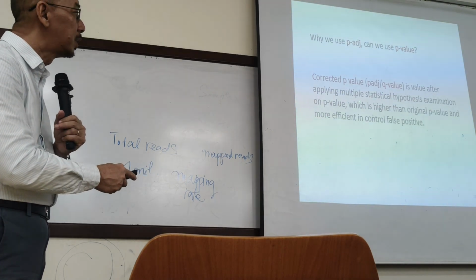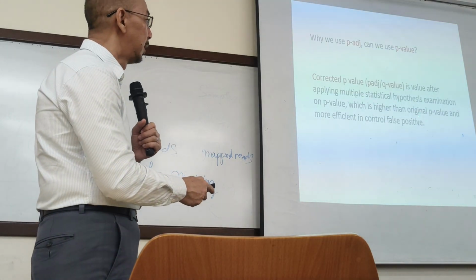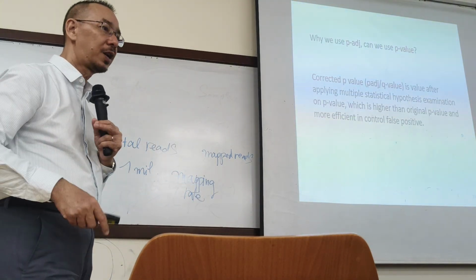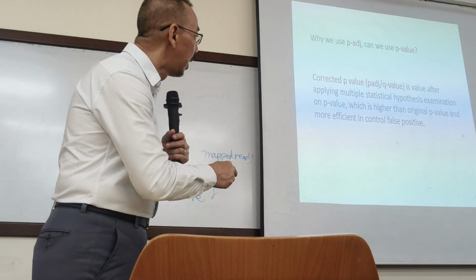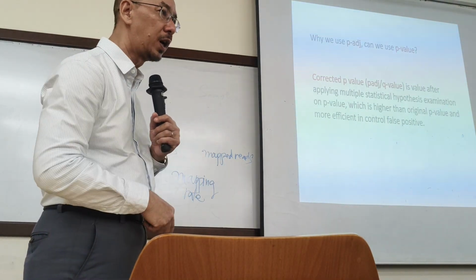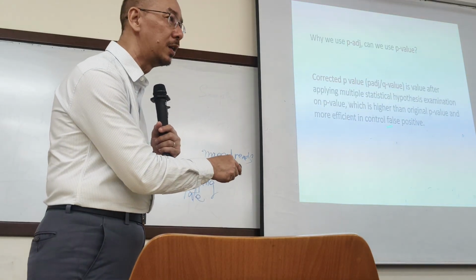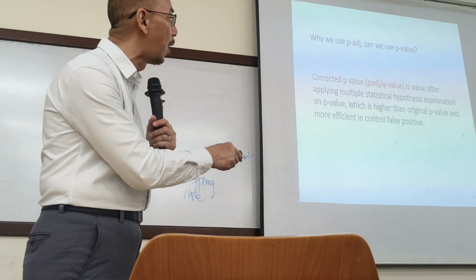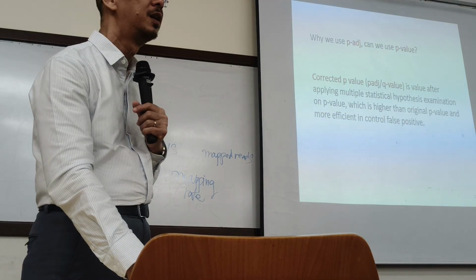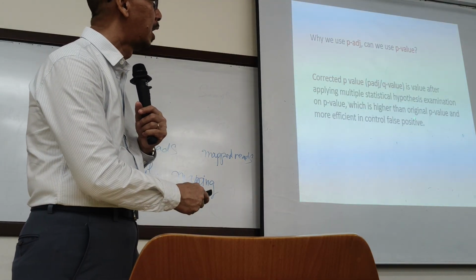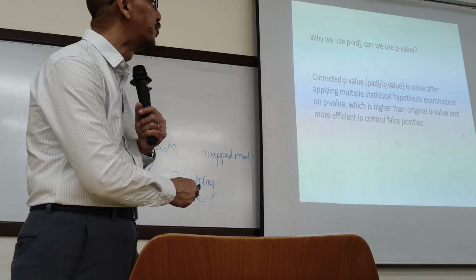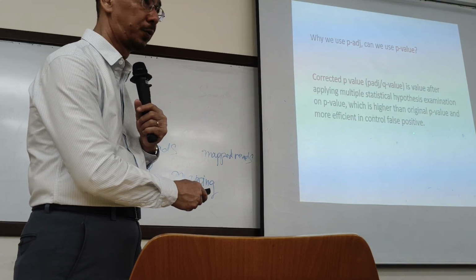After applying multiple statistical hypothesis testing on the p-value, that means there is more significance. P-adjust: we already have the p-value, and the program continues applying multiple statistical hypothesis testing on the p-values, so it is higher than our original p-value and more effective in controlling false positives.